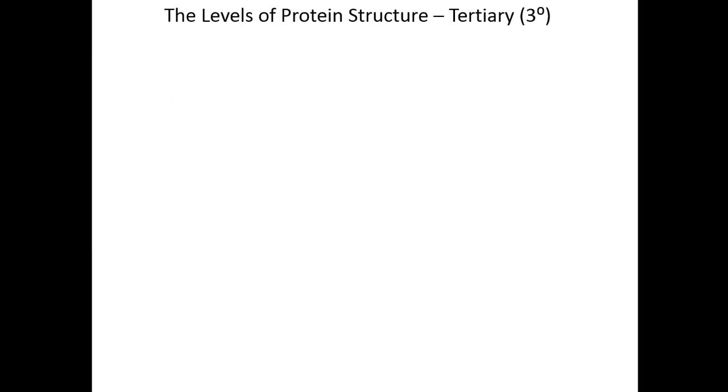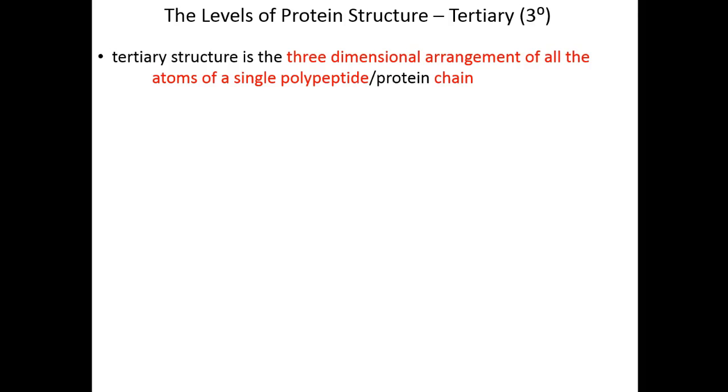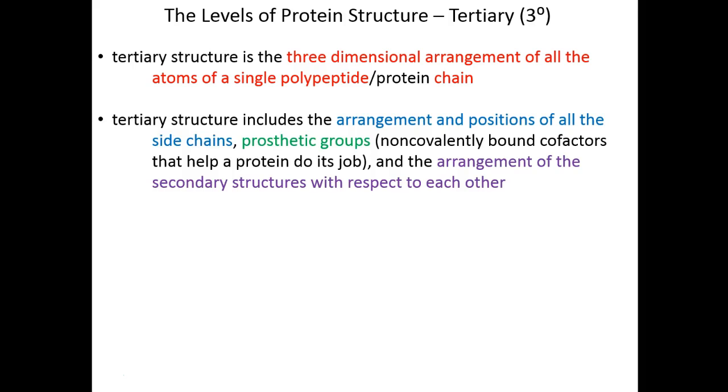So we have scratched the surface now of the notion of tertiary structure. Tertiary structure, said simply, is the fully folded protein. But to get there, we have taken all of our secondary structures and all of the individual atoms of the single polypeptide chain and brought them together into the native conformation that makes the three-dimensional shape of that protein that we're after.